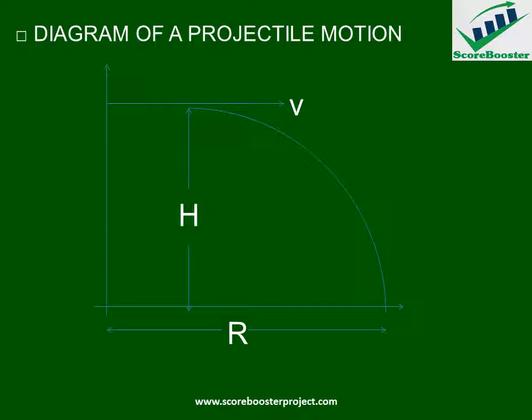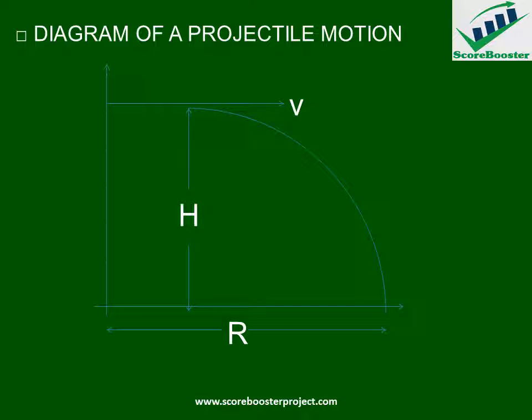Now, let's consider the diagram of a projectile motion. It's usually represented by a parabola curve, and the path of a projectile is therefore called a parabola or a trajectory. So from the sketch, we have the maximum velocity, which is represented by v.